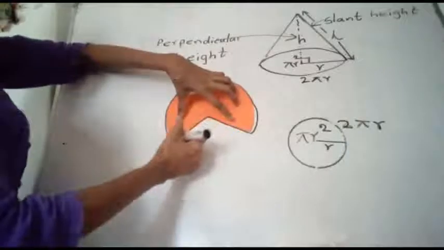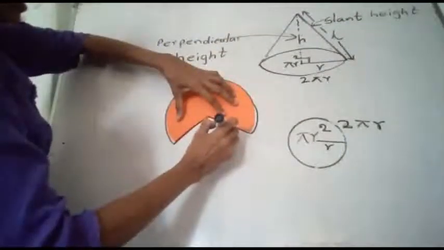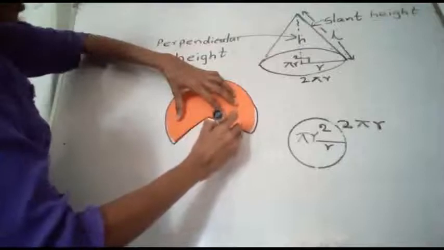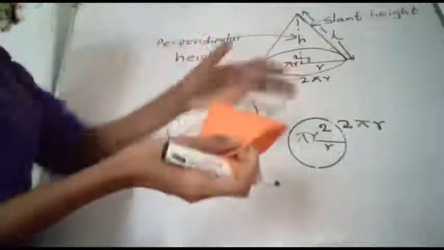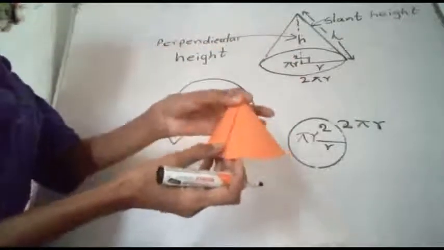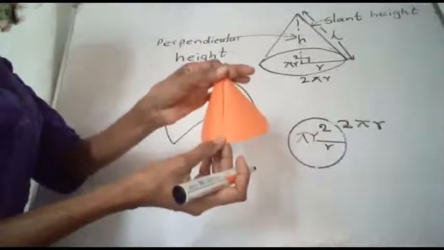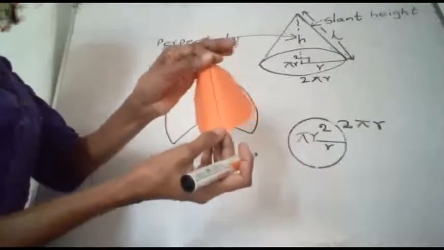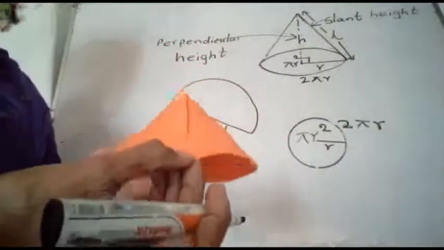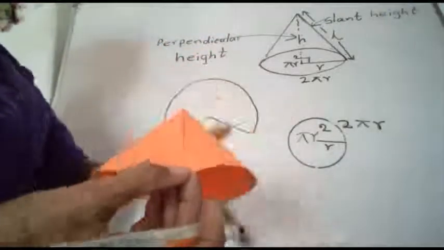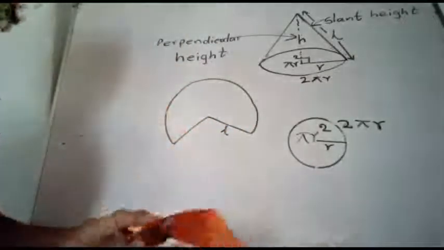Here, this is the slant height l. Can you understand this? This is the curved surface. This is the slant height, perpendicular.